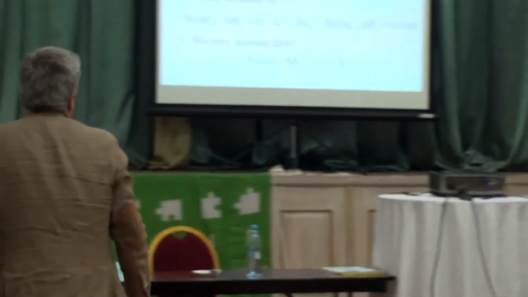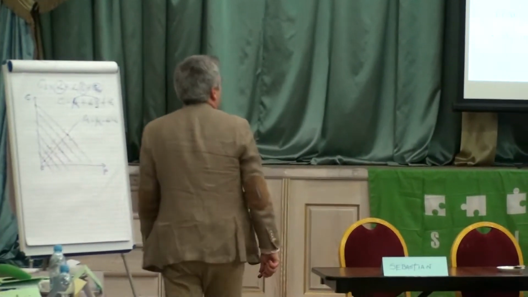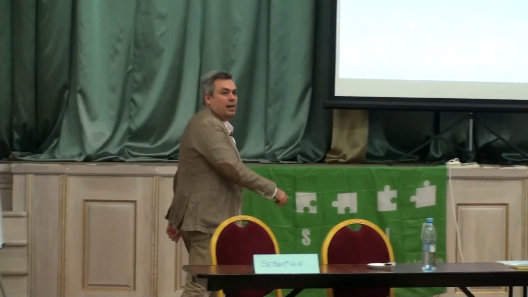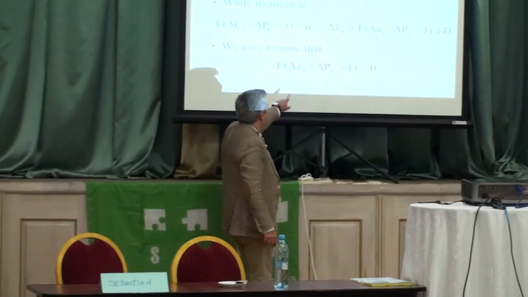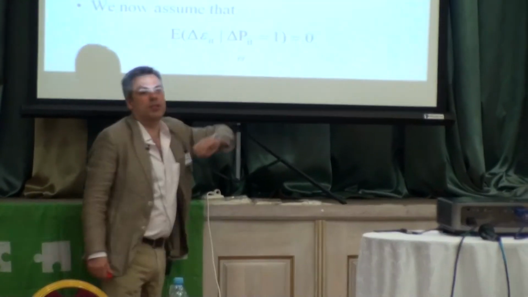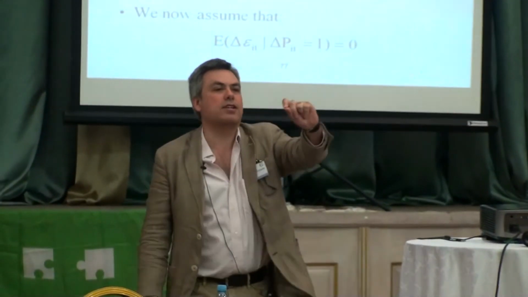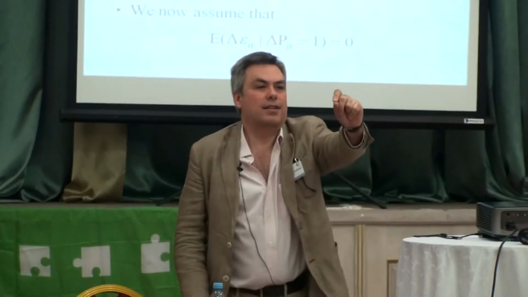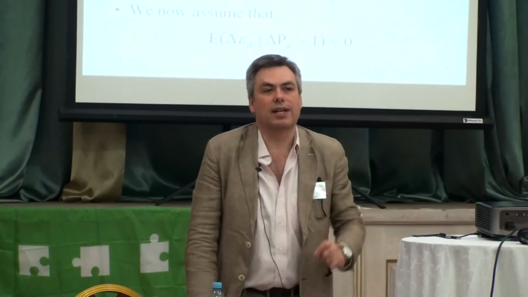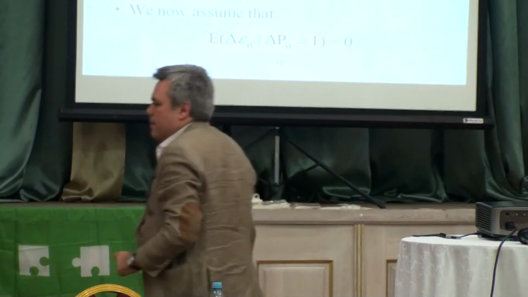So then it's positive, and if it's positive, the model is not identified. I have to assume that it's 0, meaning that the change in police is uncorrelated to the change in crime in the cities that is unobservable. That's basically the assumption. If that's not satisfied, panel data doesn't work.